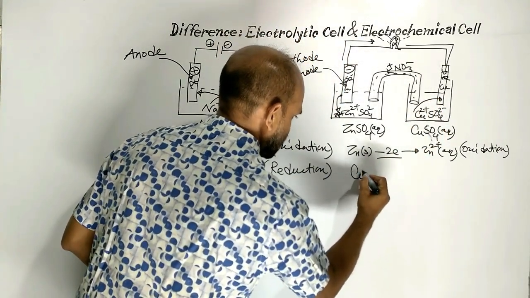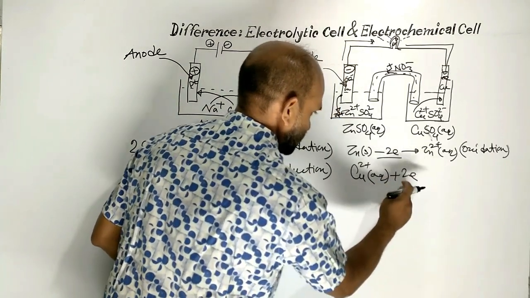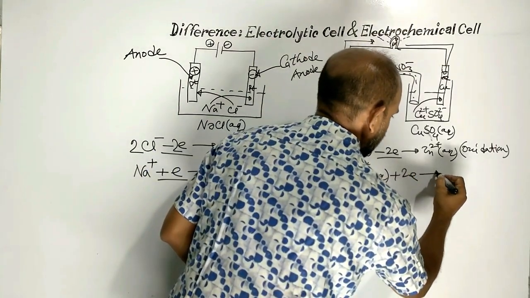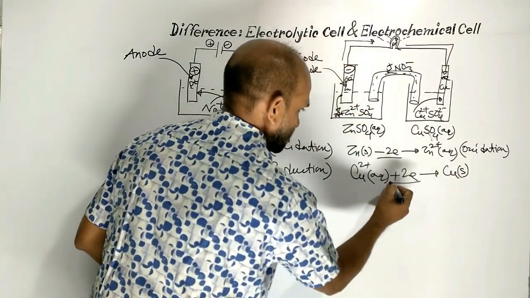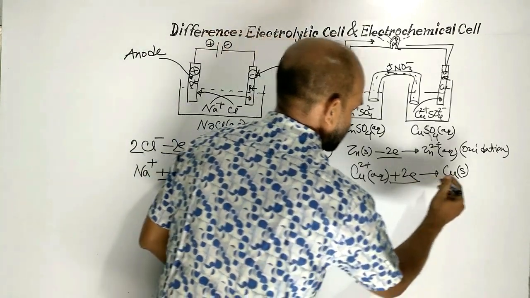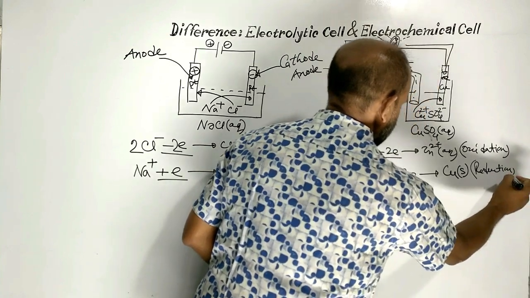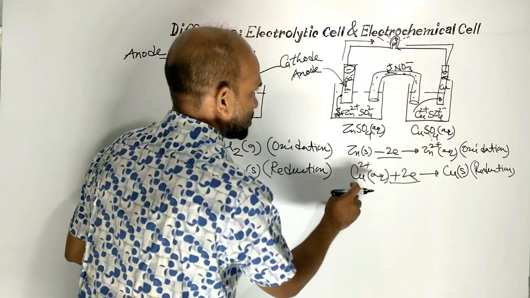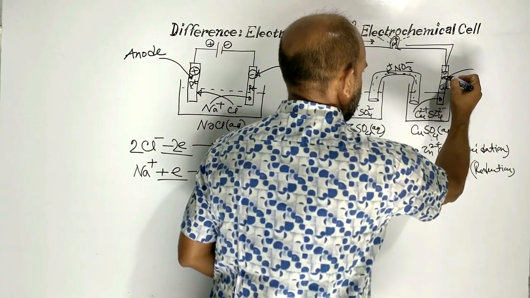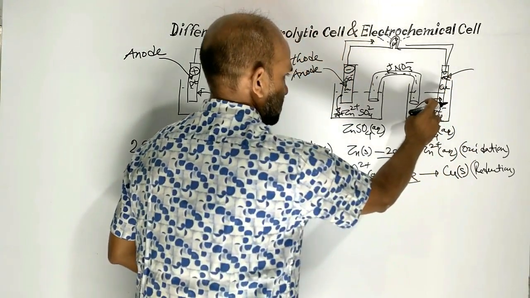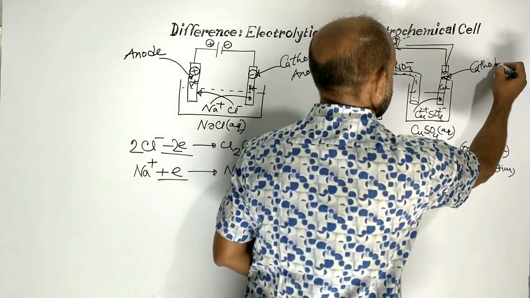There, copper 2 plus ions receiving electrons turn into solid copper. Here, reception of electrons is called reduction. That is, the reduction reaction occurs at this bar, and the bar where reduction occurs is called cathode.